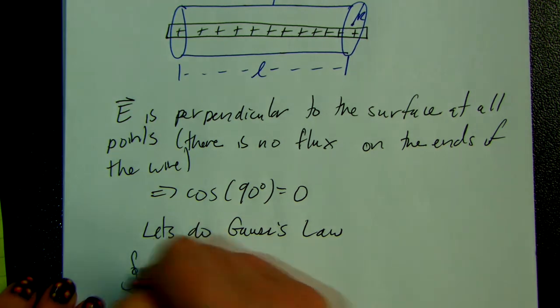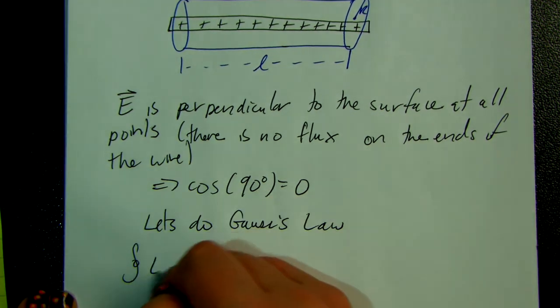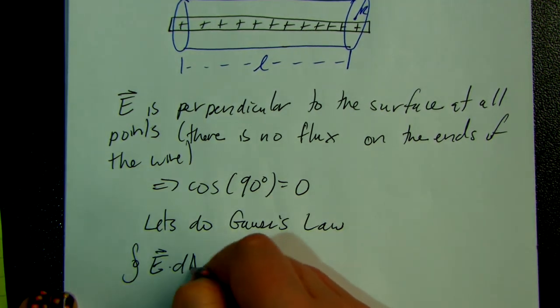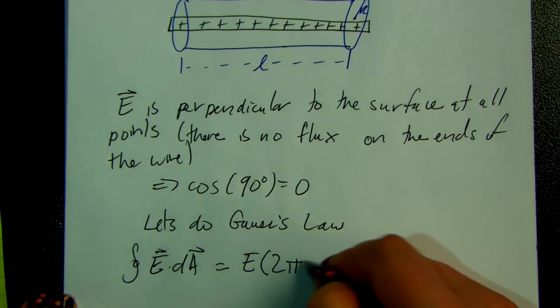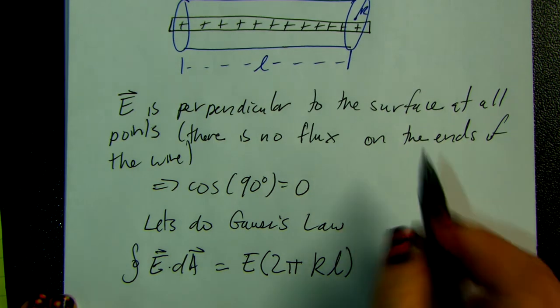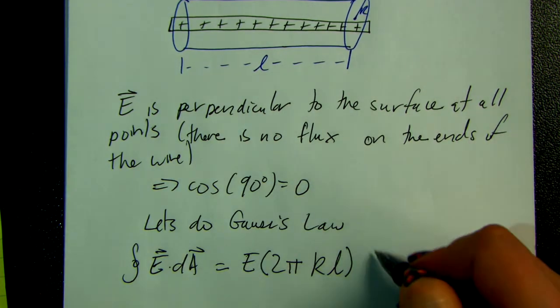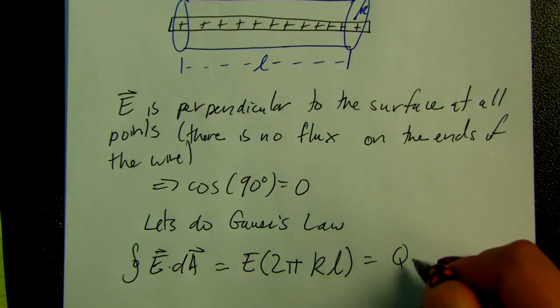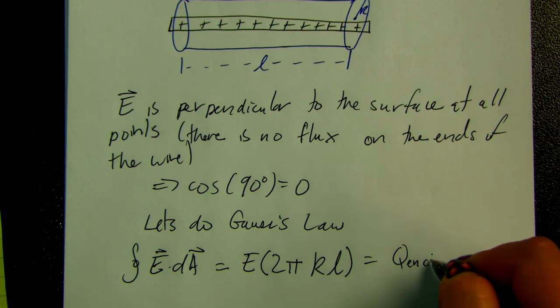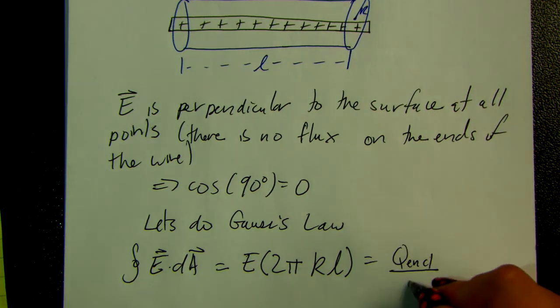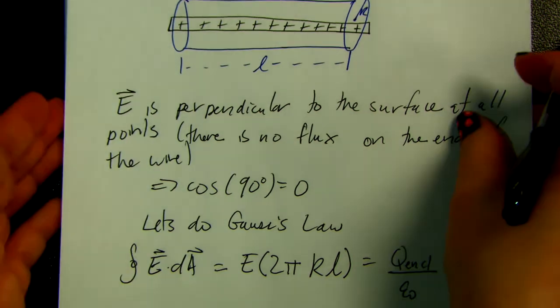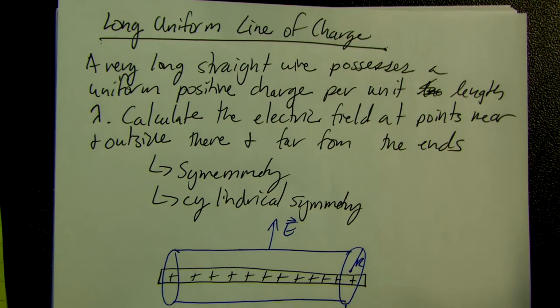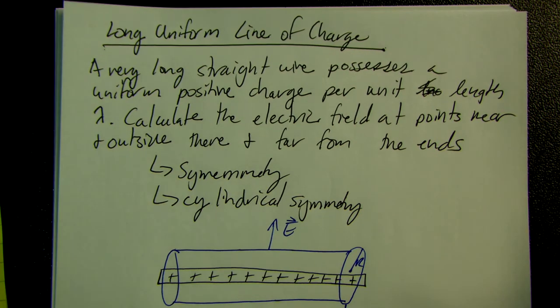So we have the surface integral of E dot dA is equal to E times 2 pi RL, which is our length here, is equal to Q enclosed over epsilon naught. We know that it has uniform positive charge per unit length lambda.